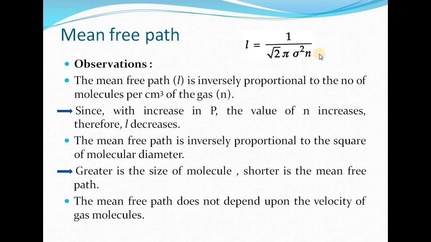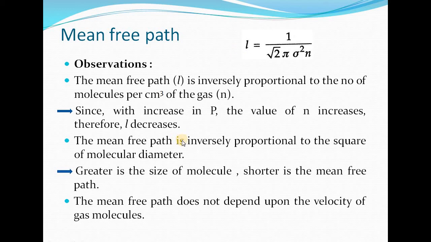Now what are we observing from this expression? This mean free path is inversely proportional to the number of molecules present per centimeter cube of the gas. So if we increase the pressure on the gas, the value of n will increase, and therefore L will decrease.